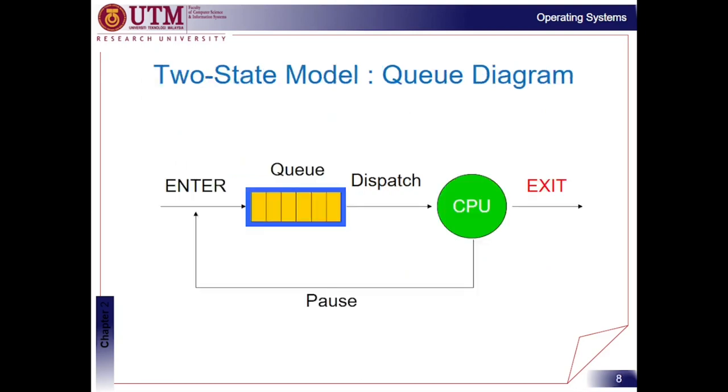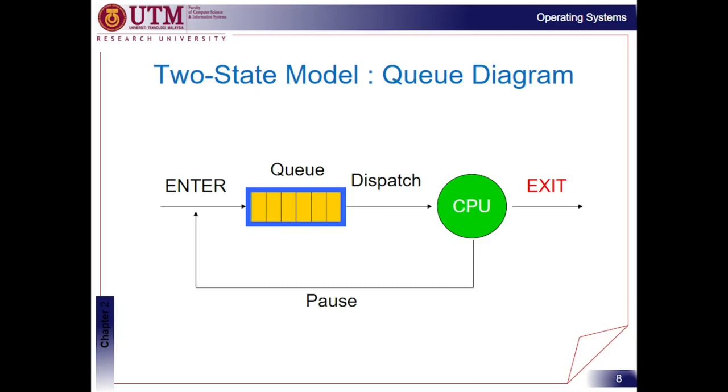The queue diagram is another way of representing the two-state model of process management. In this diagram, we have a queue of processes that are waiting to enter the CPU. The queue is a data structure that follows the first in, first out principle, meaning that the process that arrives first will be the first one to be dispatched to the CPU.